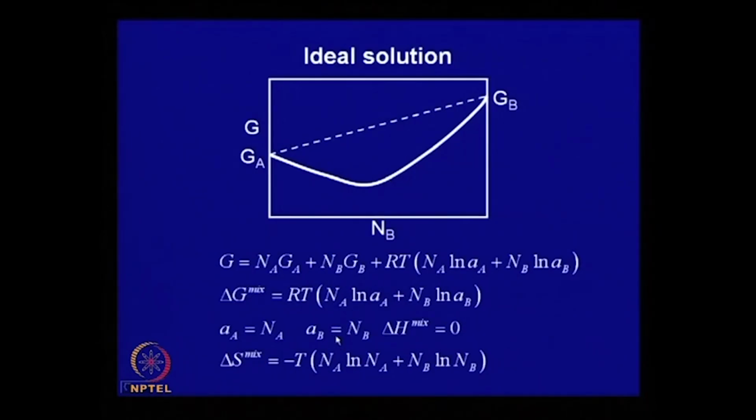Now, an ideal solution is one where activity is equal to atom fraction. So the activity of A in the solution equals N A, and similarly the activity of B is equal to atom fraction B, and there is no heat of mixing.